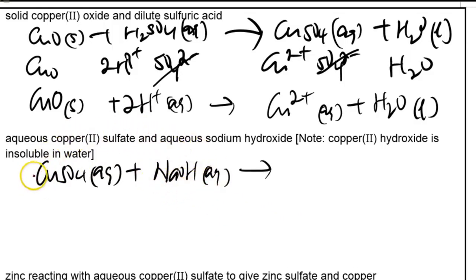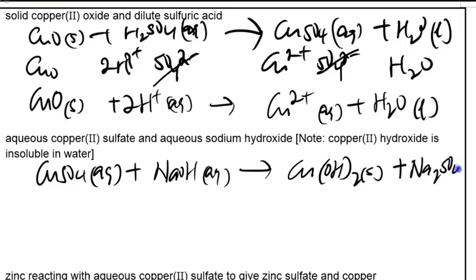This is not an acid, not a base, but we know that copper 2 hydroxide, which is formed, is not soluble in water. Based on this equation, how do we make sure that the left and right side are balanced? We must ensure Na and SO4 come together to give us a compound. So we have Na2SO4 aqueous.